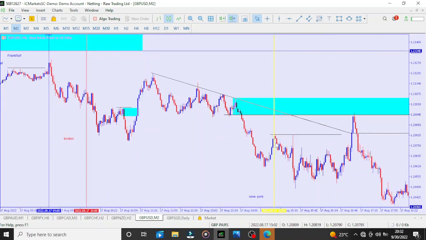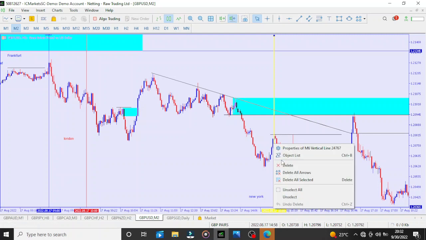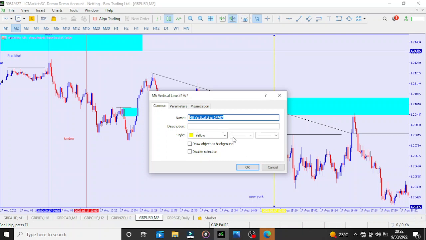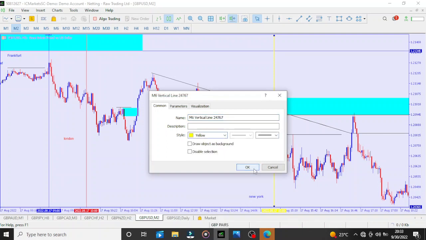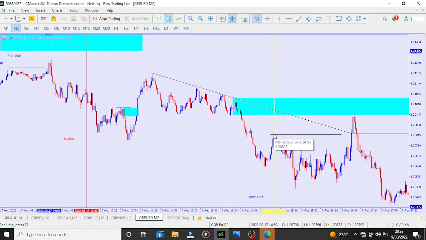And around this point, this yellow line, New York open. Guess what? New York opened and created these equal highs and later on manipulated these equal highs and this momentum trend line.